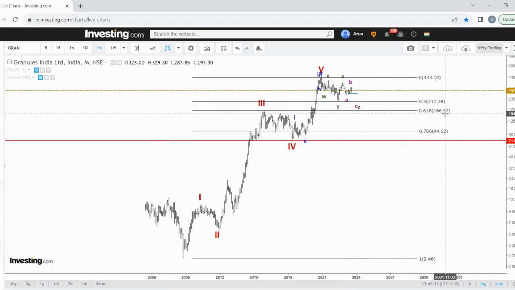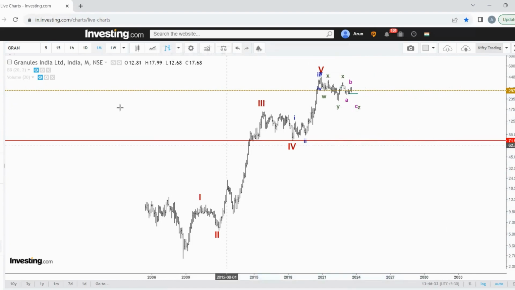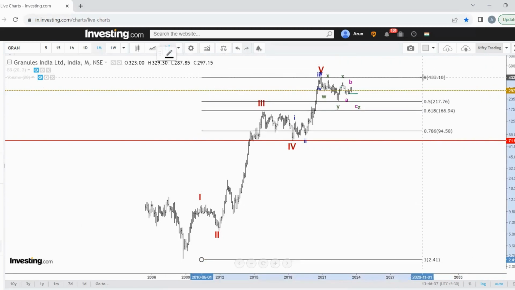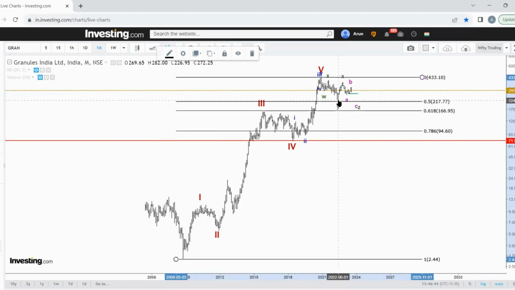Yes, we can reach 217. So if it is a bigger 5 wave, the correction may be 50% to 61%. In this, we have already reached 50%. If it is not impulsive and does not cross above this 372, we may see one more down to 217 levels. So we need to monitor how this price moves.